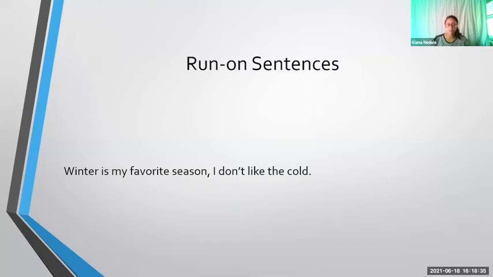How can we fix this? Exactly, we need the word and. The comma is not enough. We also use and. Winter is my favorite season, and I don't like the cold.